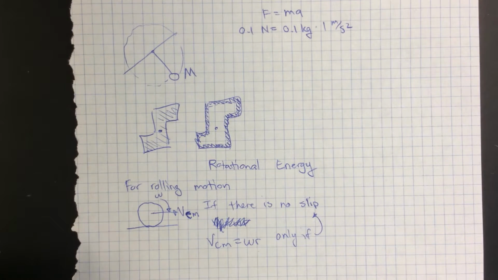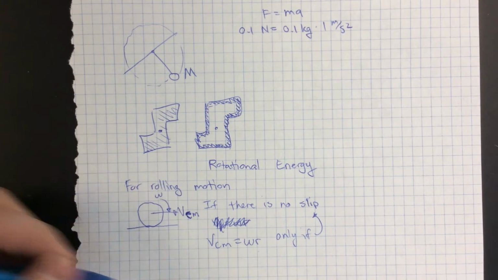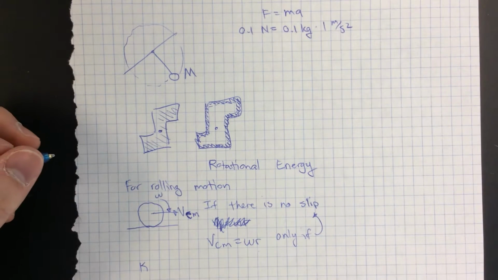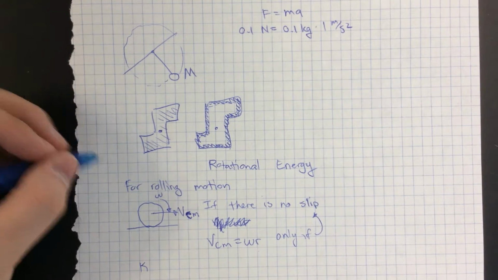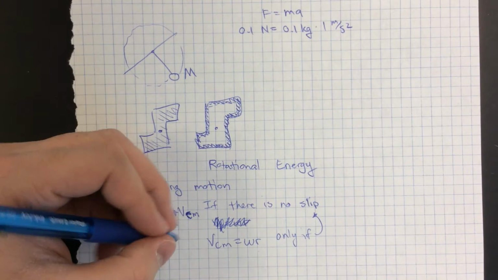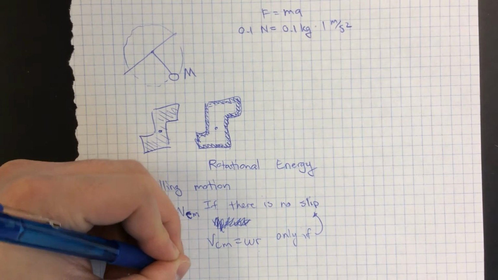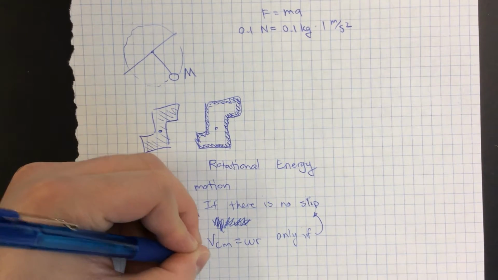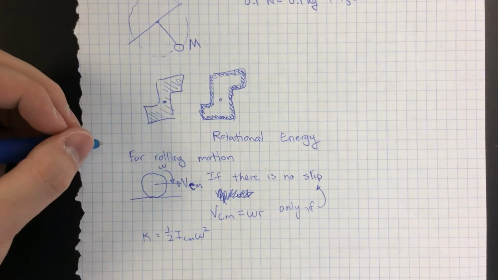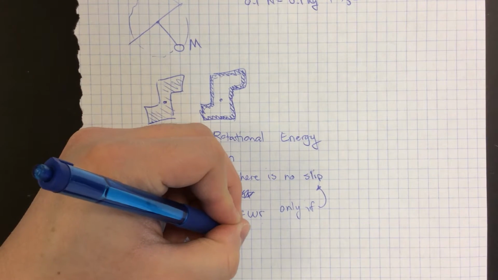If this is true, let's look at an object that is spinning. What is the kinetic energy of this object that is rotating? What we end up seeing is that it splits into two parts: a rotational kinetic energy part and a translational kinetic energy part.